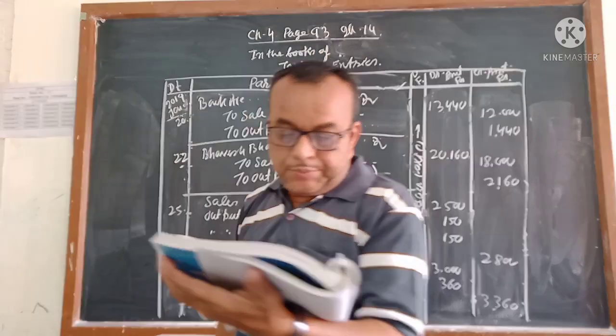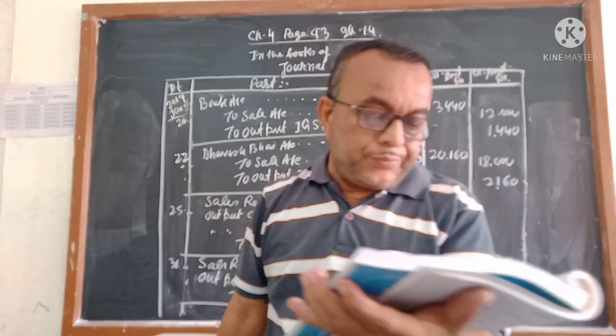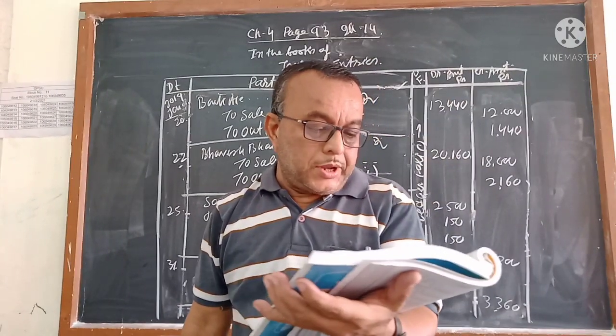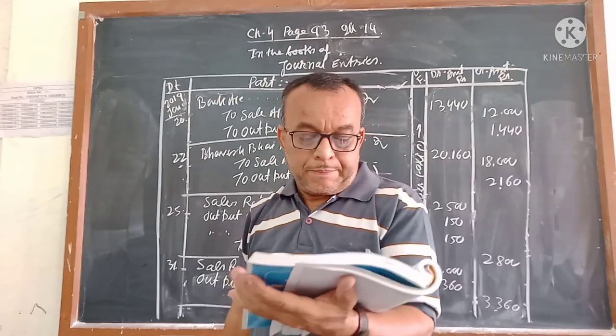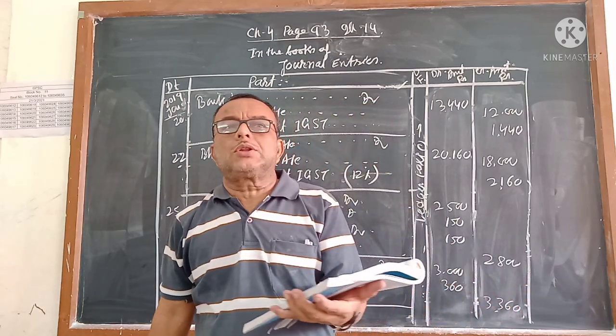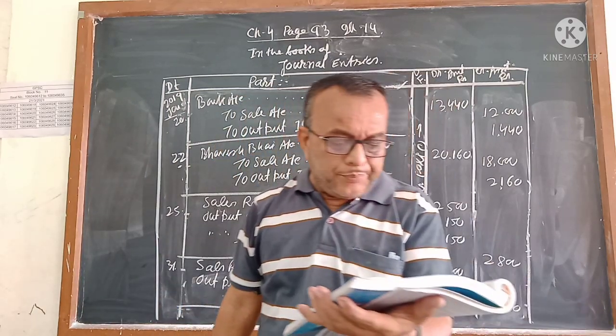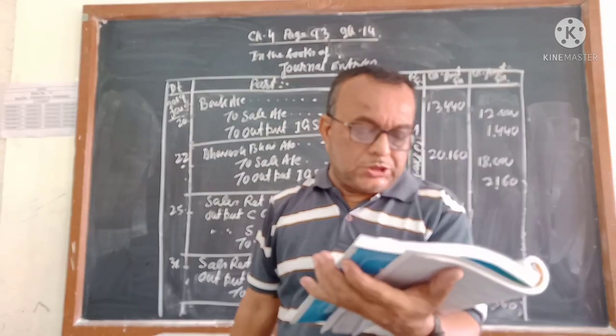From the following services, this is services. The previous one was the goods. It is given income, expense, related transactions and GST. Same formula. In the previous one you calculated on the goods. Now we will calculate on the services: income, expense, related transactions and GST.